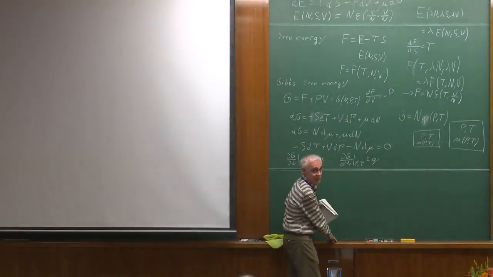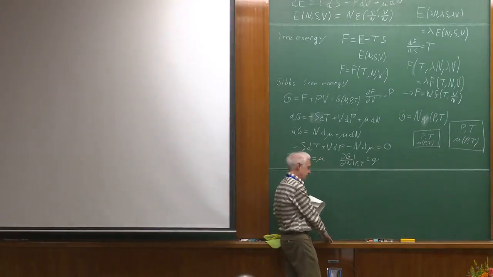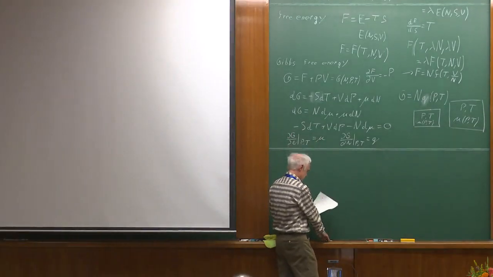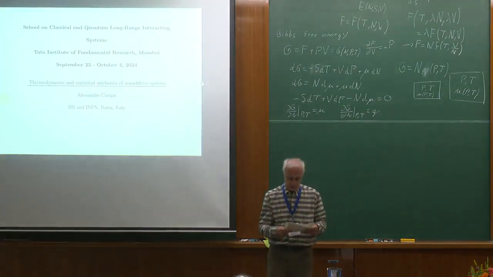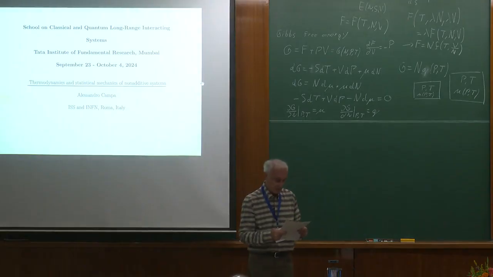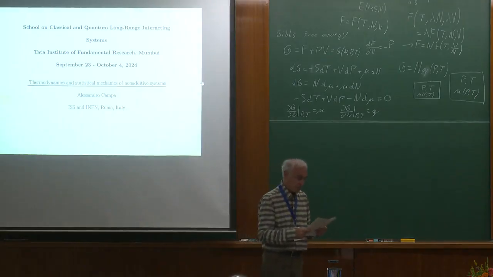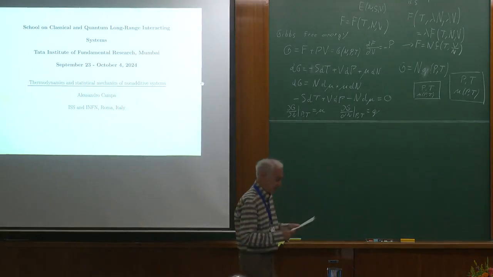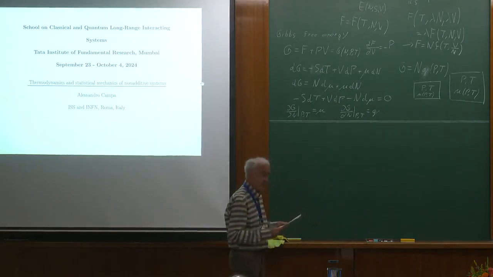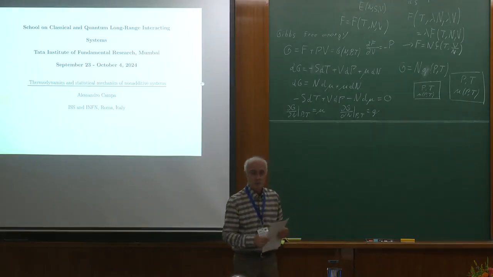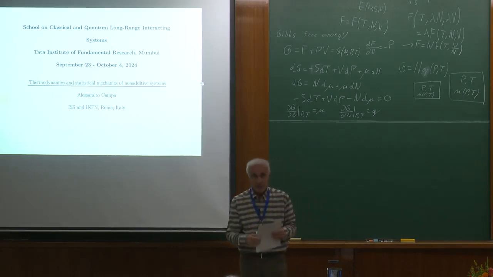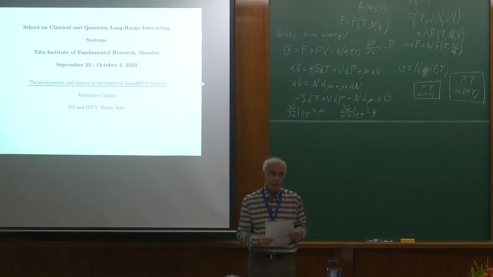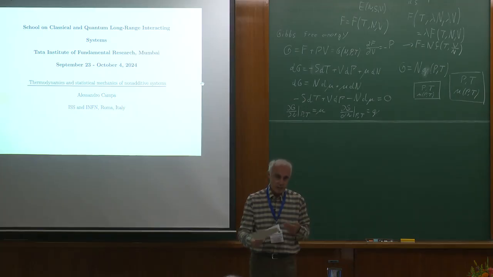Then the final property that I want to mention to you, which is satisfied by short-range, by additive systems, and very often not satisfied by long-range systems, is the positivity of the response function. By response function, we mean generally the second order derivative of the thermodynamic potential that tells you how the system responds to an external perturbation.